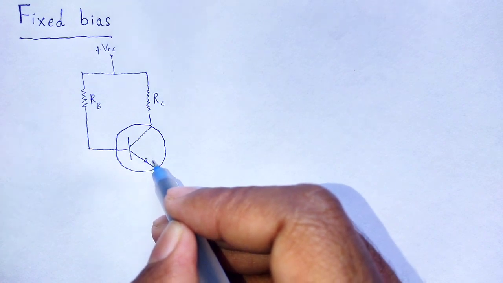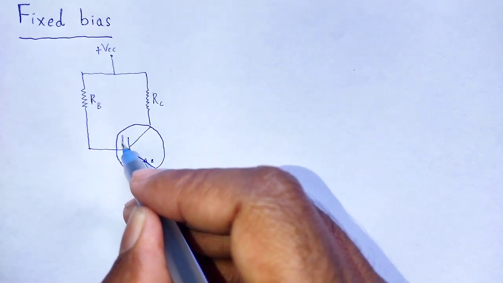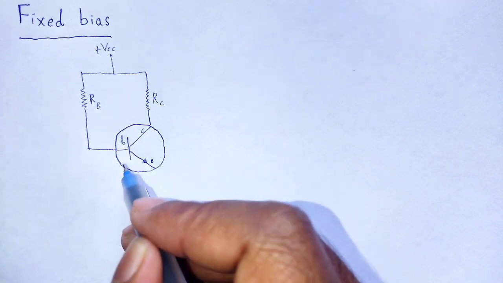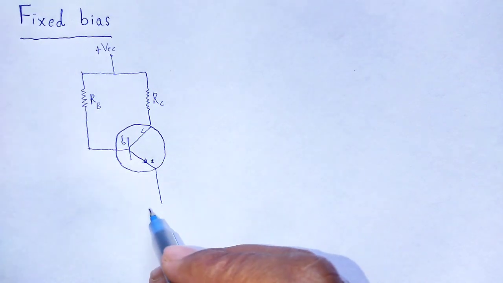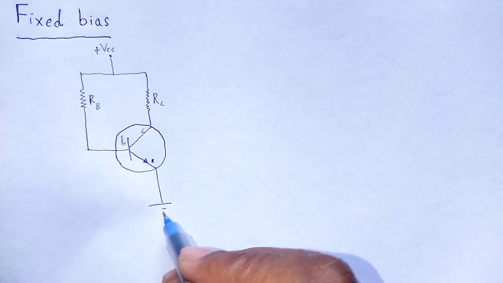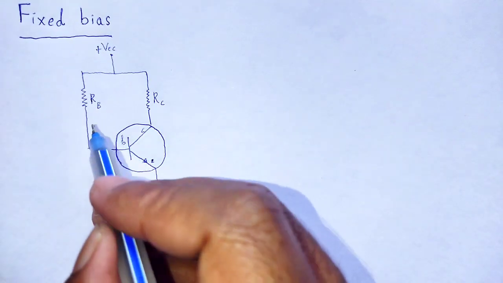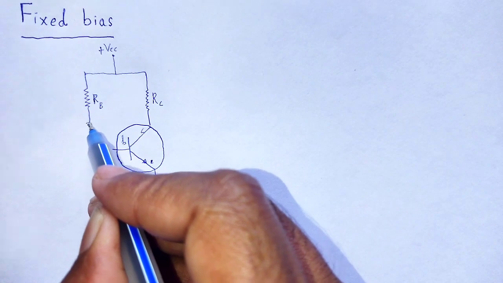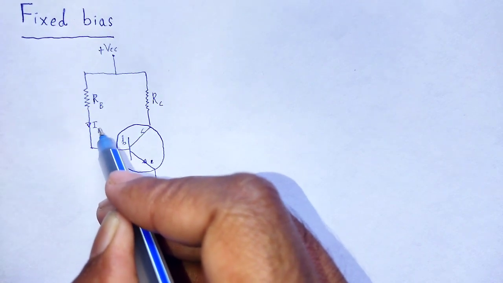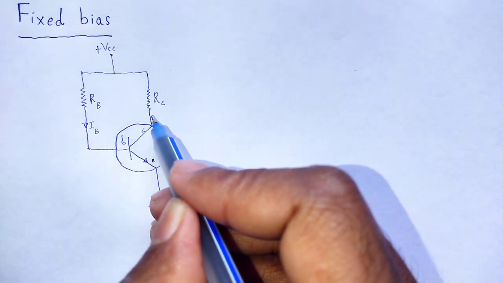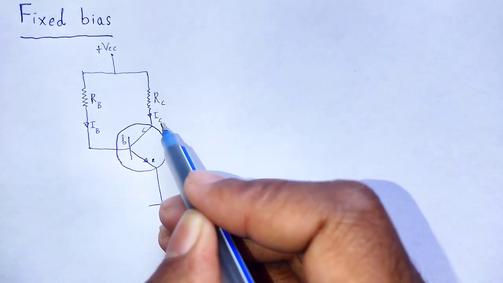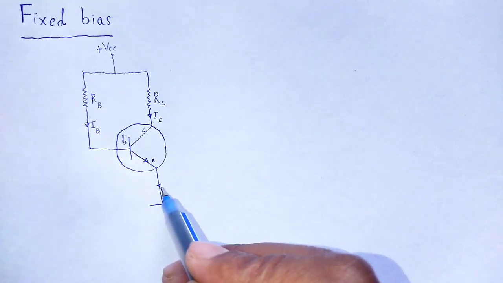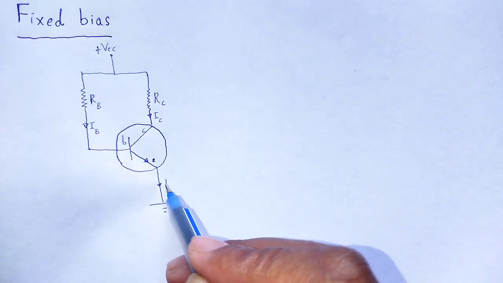That is the emitter, that one is the base, this one is the collector, and that end is earthed. The base current, the collector current and the emitter current are shown.